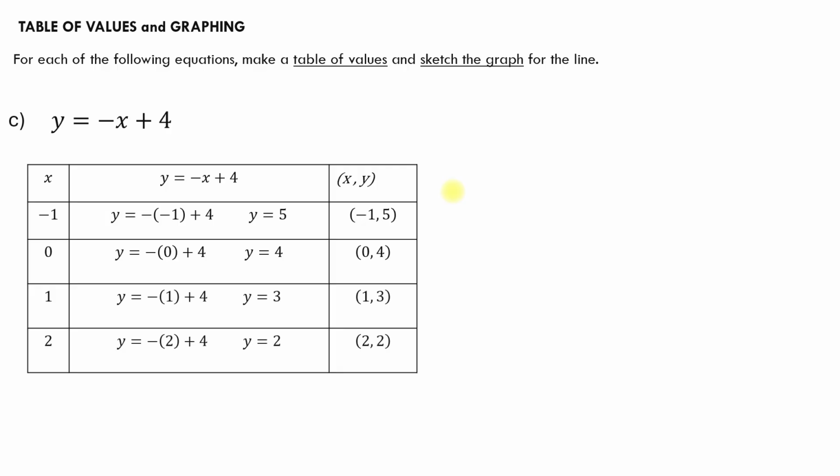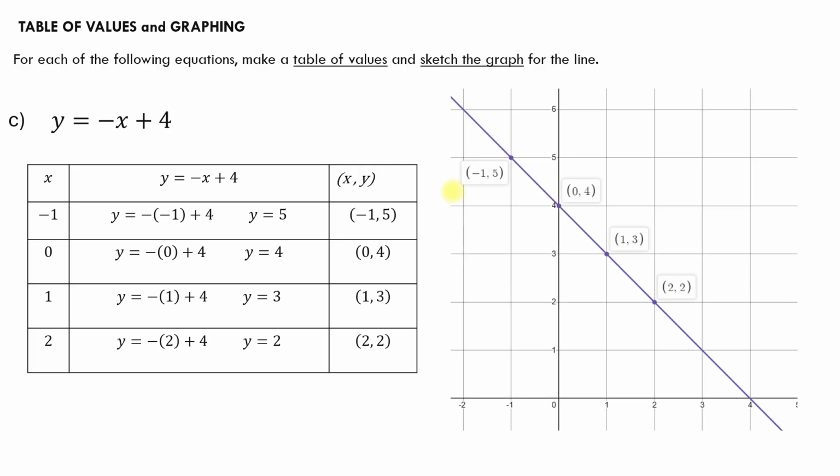Leaving us with the following coordinates. Take those 4 points, or pairs of coordinates, plot them on the Cartesian graph, connect them with a line with labels, and there's our sketch.